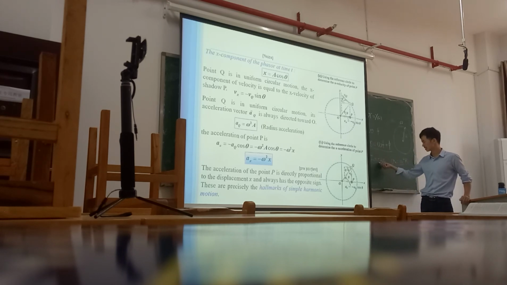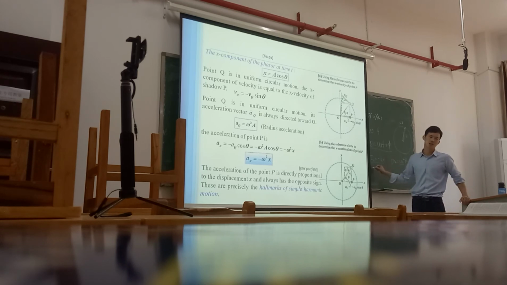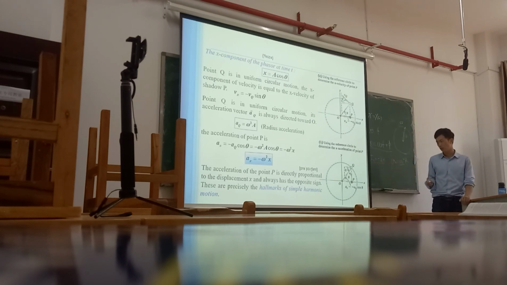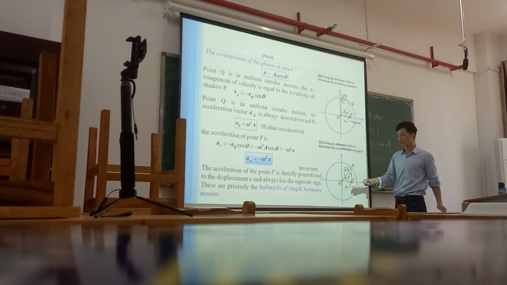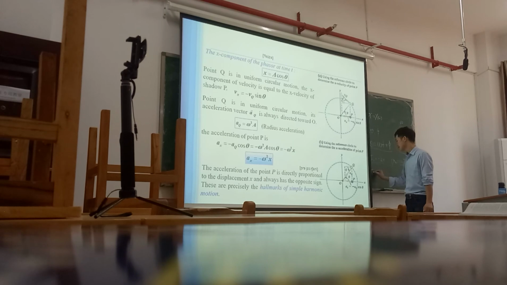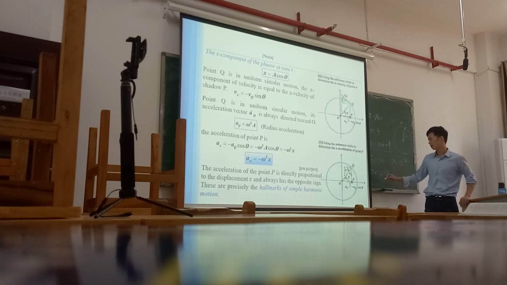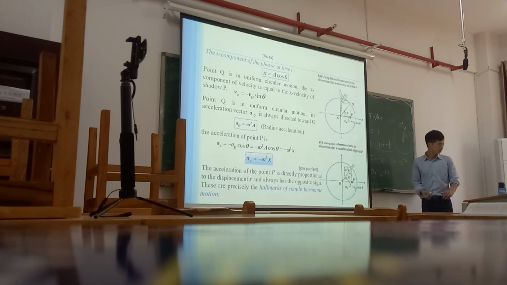If the restoring force is in this form, then we can say the oscillation is simple harmonic motion. Or if we find that the acceleration is proportional to the displacement and they have opposite signs, then we can say the oscillation is simple harmonic motion.